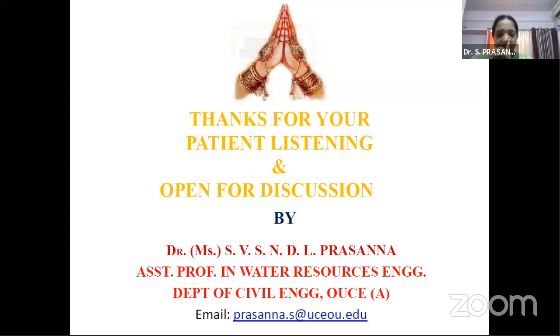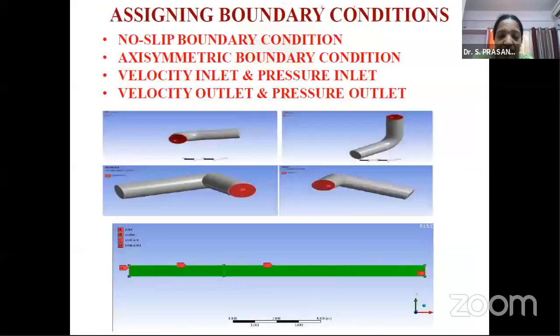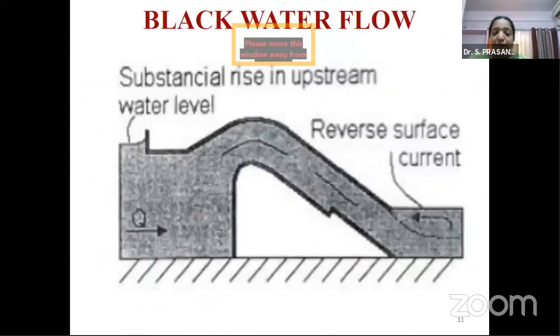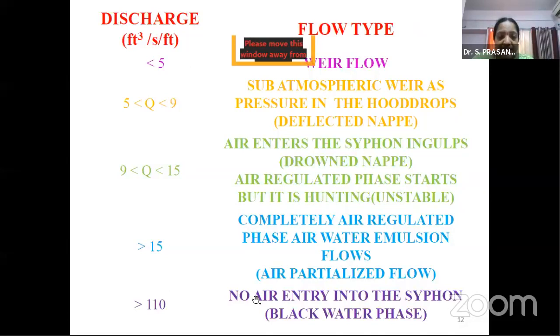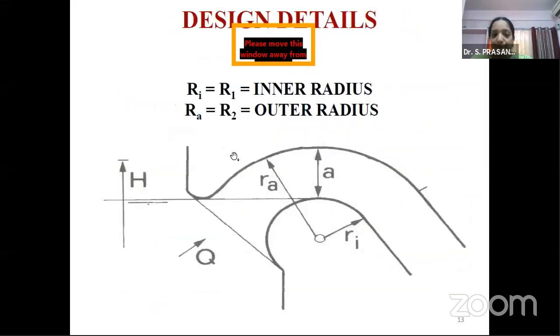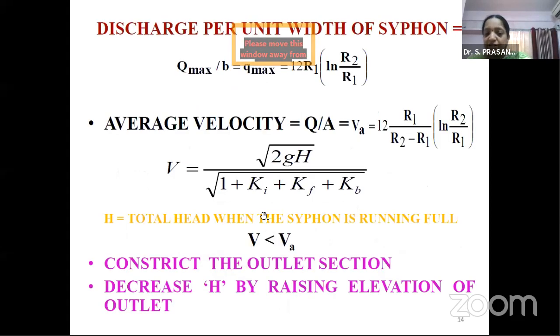I'll just move back. Here, the velocity over the crest portion should be 12 meters per second. Because in this case, the maximum velocity on the crest is assumed as 12 meters per second. And based on this design part, and the height of the throat, you can look into this constraint and design it.